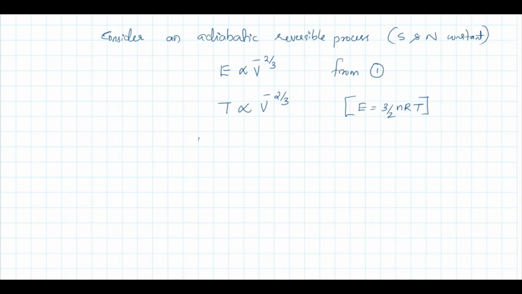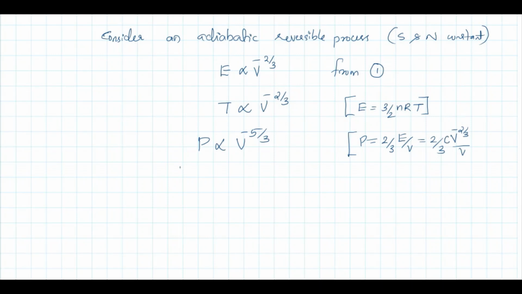Then I can write P proportional to V raised to minus 5 by 3. Why? Using the expression P is equal to 2 by 3 E by V, and E has a dependence of V raised to minus 2 by 3, divided by V. Put some constant C, not the Boltzmann constant.